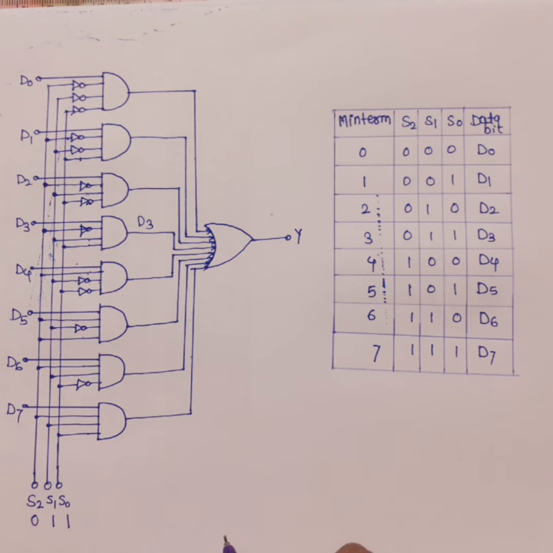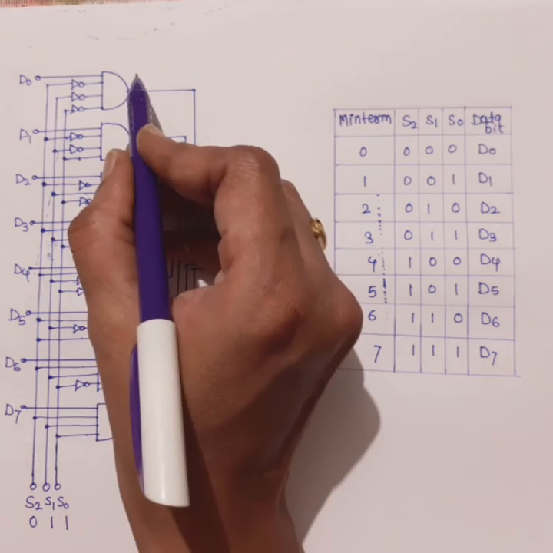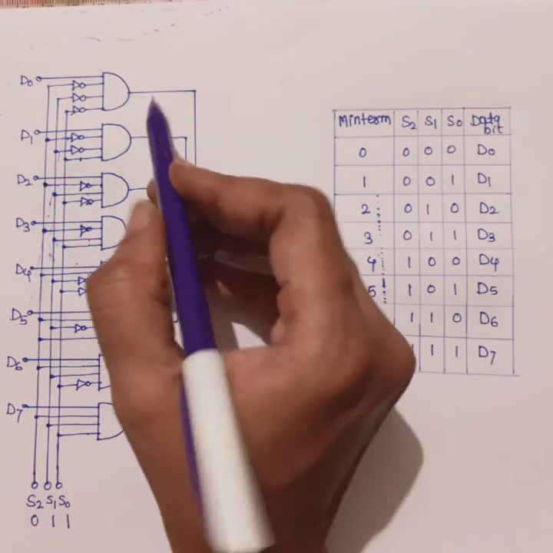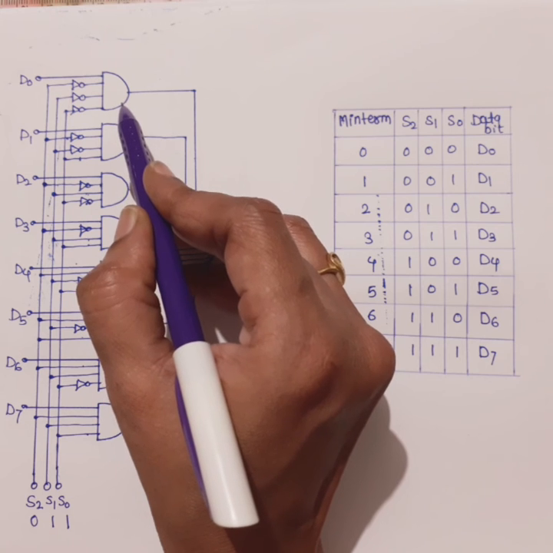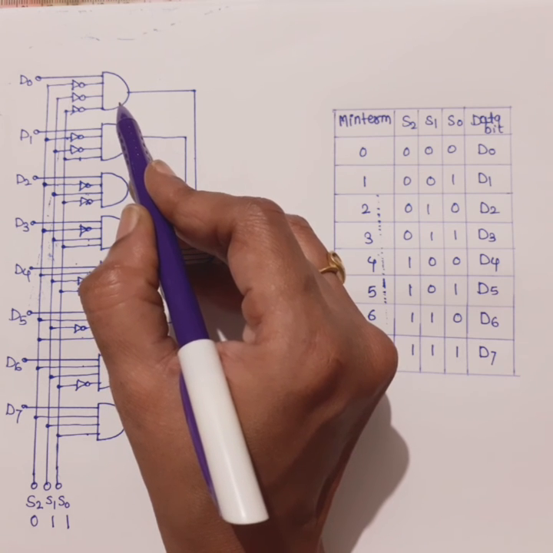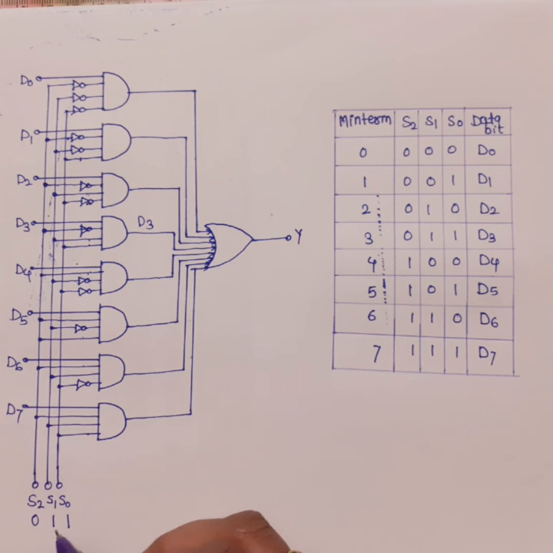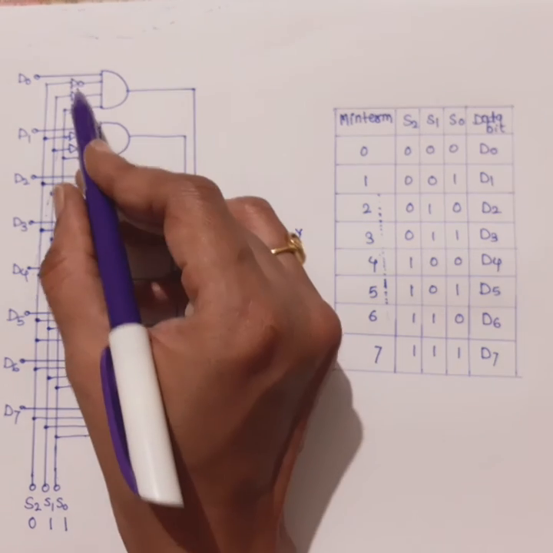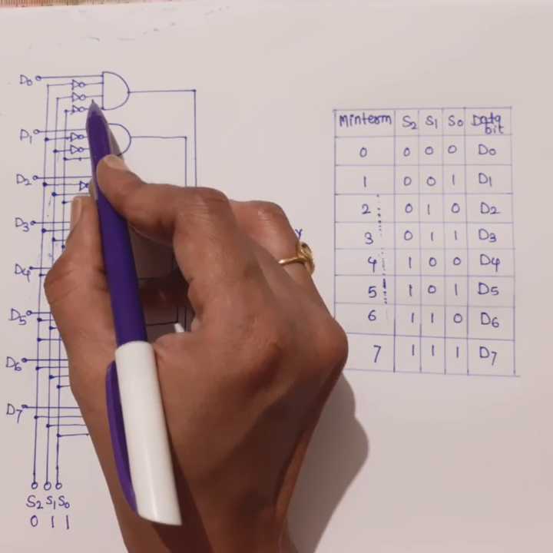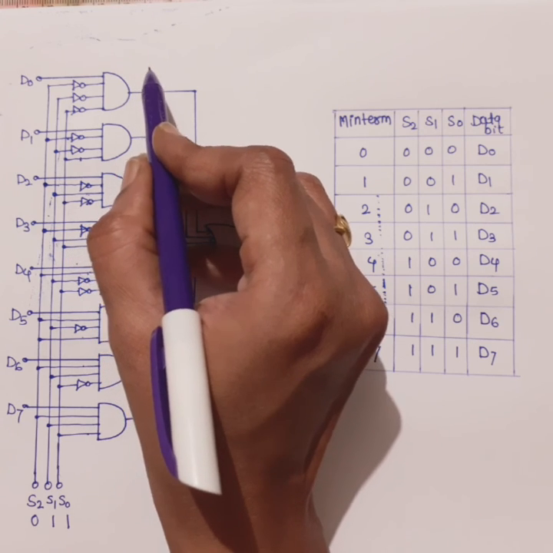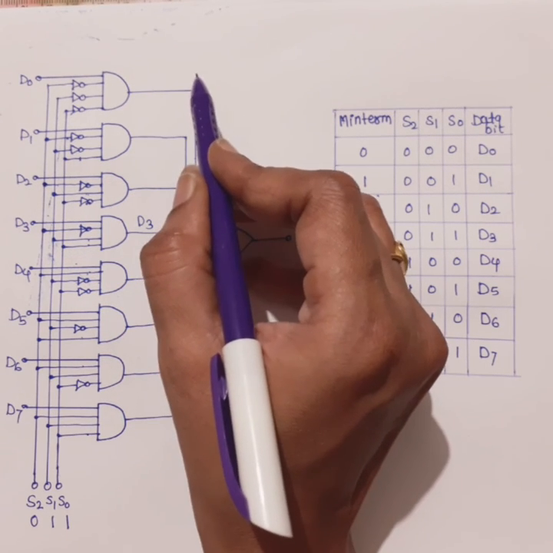What does the AND law say? A into 1 is equal to A. So if we want to preserve the D0 bit, or if we want D0 as an output, the other inputs to this first AND gate should be 1. That is only possible when we feed S2, S1, S0 with 0, 0, 0, and with these NOT gates it will be inverted to 1, 1, 1, and the output of the first AND gate will become D0 into 1, which is equal to D0.